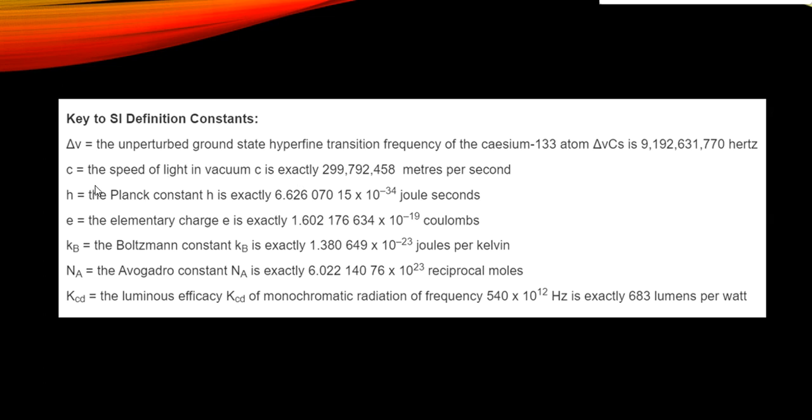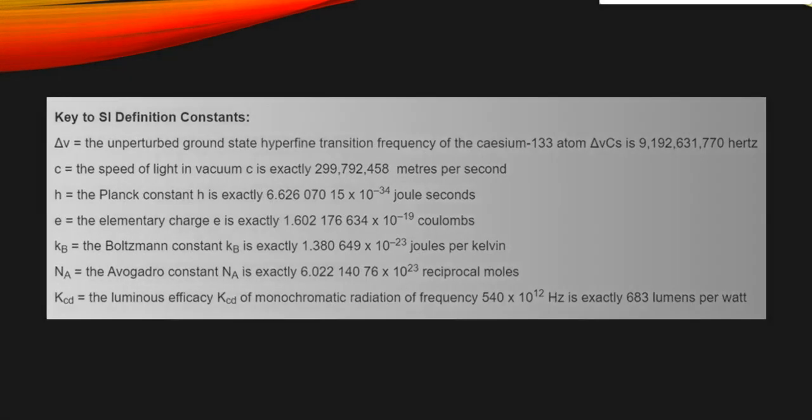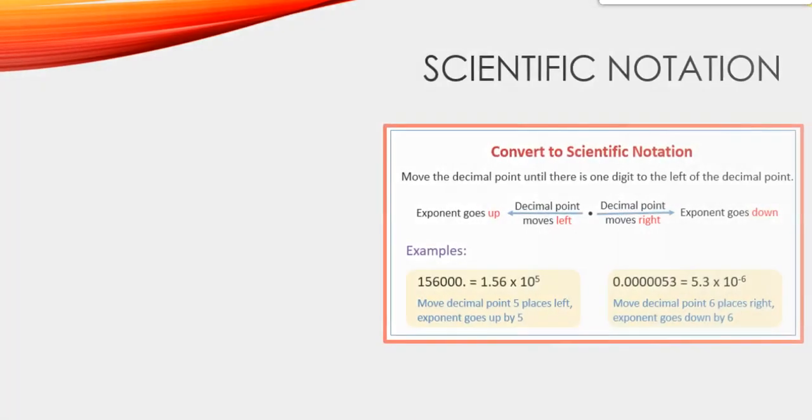C is the speed of light in vacuum, and from here we have learned the different constants along with their values. h is the Planck constant, e is the elementary charge, kB is the Boltzmann constant, N_A is the Avogadro constant, and Kcd is the luminous efficacy of monochromatic radiation of frequency.